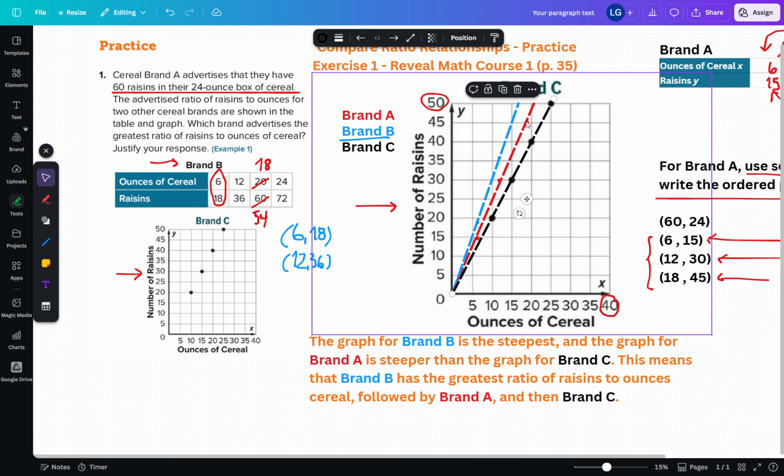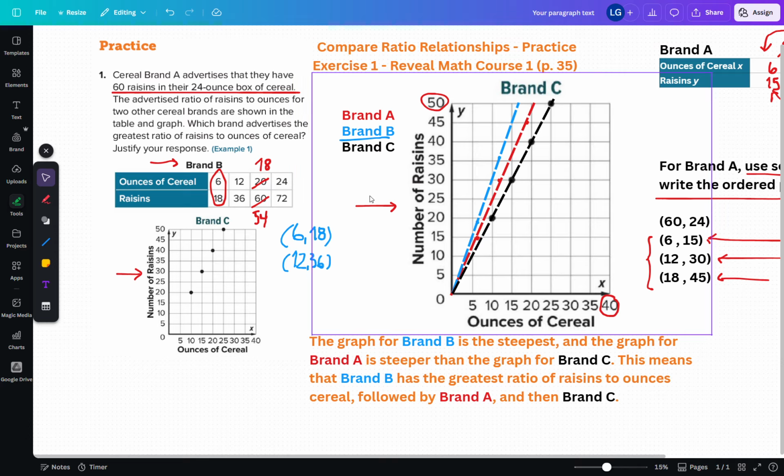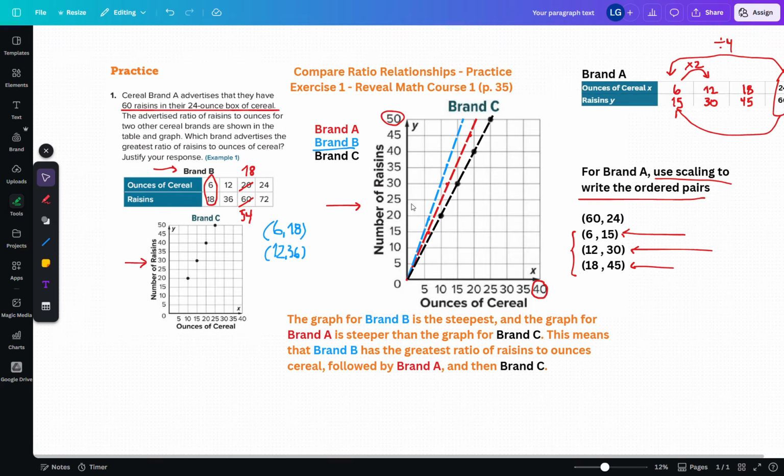So that means that brand B has the greatest ratio of raisins to ounces of cereal, followed by brand A, and then brand C. So that's how we solve this problem, guys.